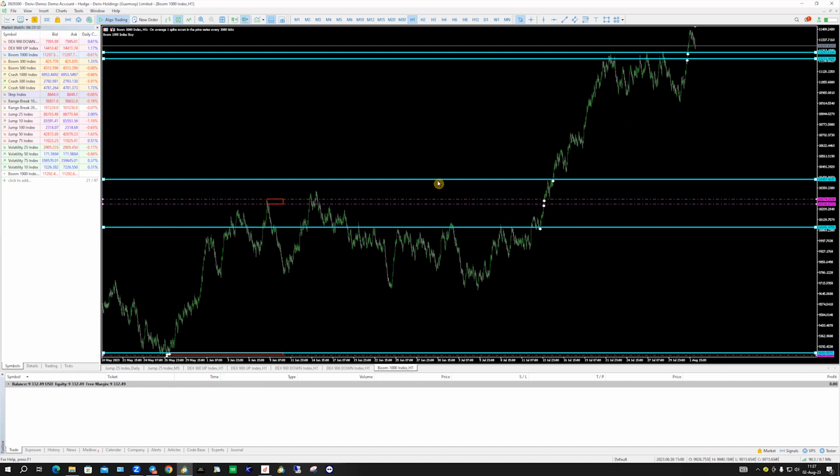Because we know these supply and demand zone indicators just draw the current support and resistance without reading the history. But ours can read histories for years and years in order to give you the exact support and resistance.